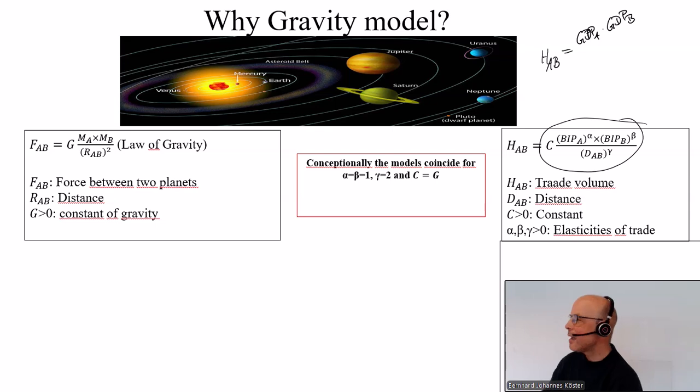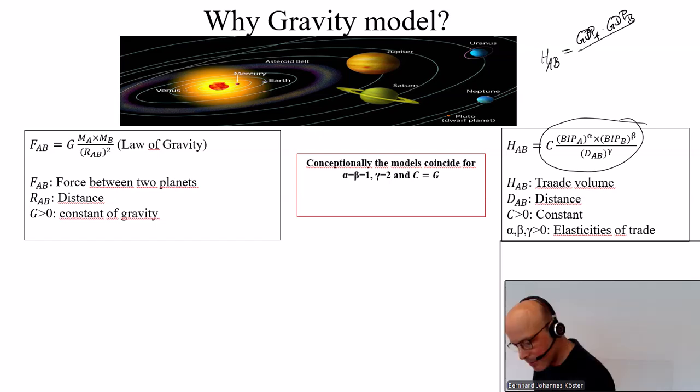And therefore, we use, so to speak, the next easiest form. How can we create a decreasing function? This means we just divide by this variable. So divided by the distance.